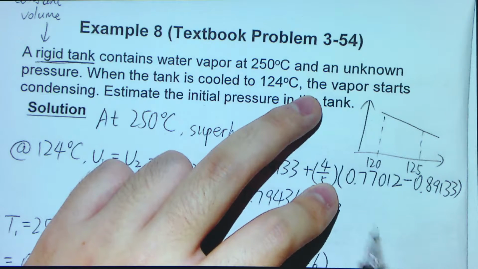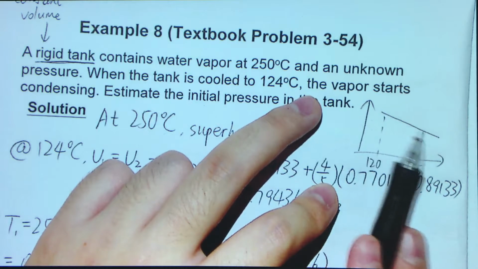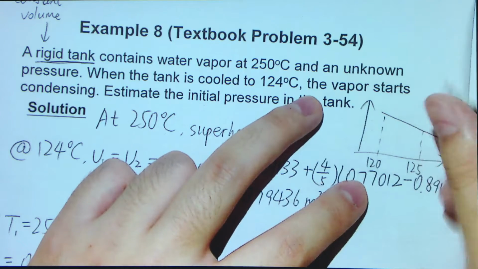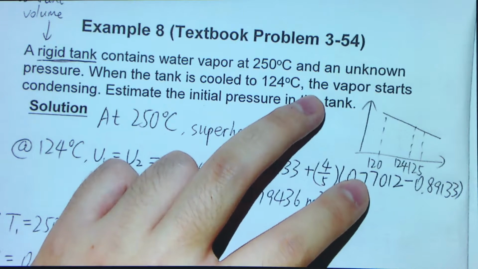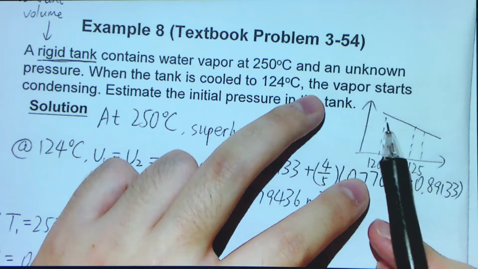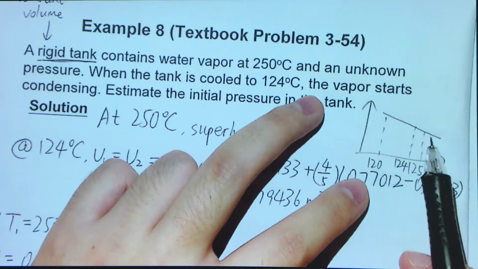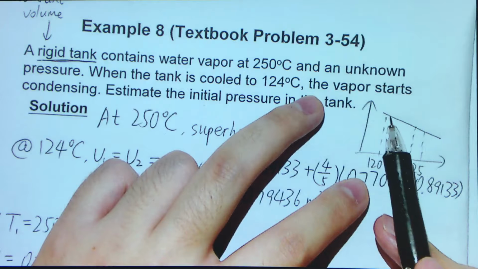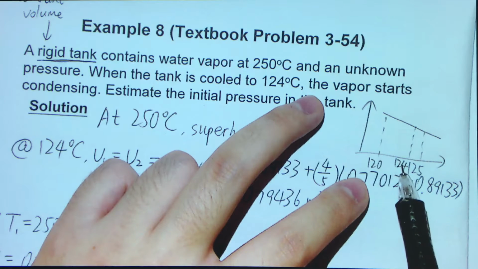I have the difference from here to here, and because it's a straight line, it would decrease at a constant rate. So to find the term at 124, we start at 120, take this difference divided by 5, and then get 4 portions of that. We get 80% of this difference, so we can get the term at 124.